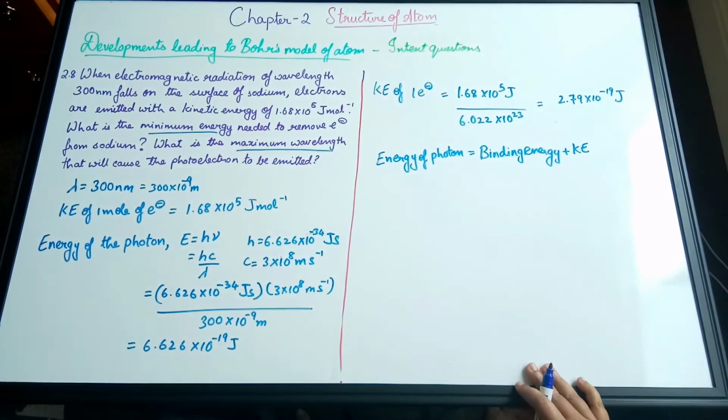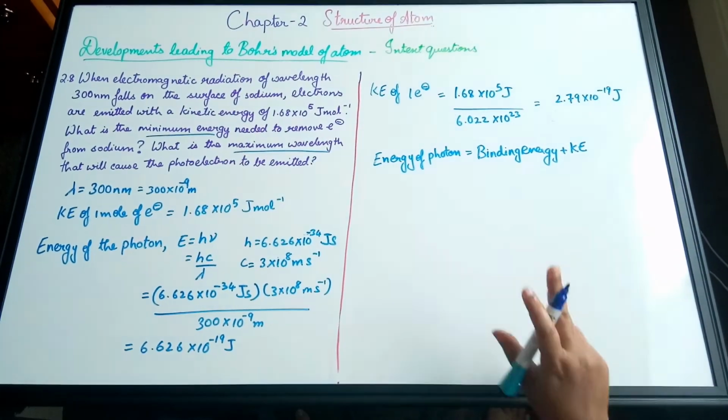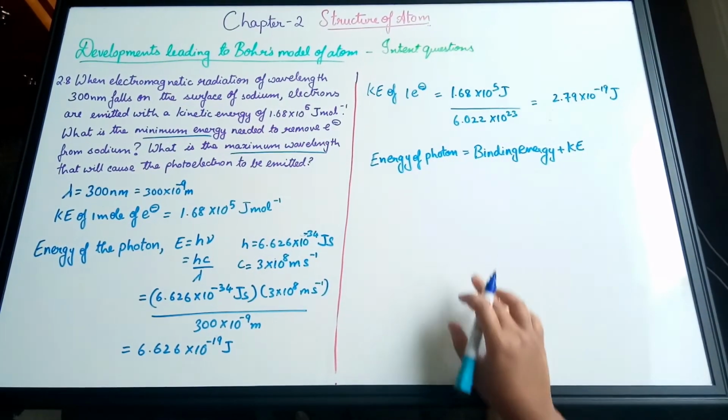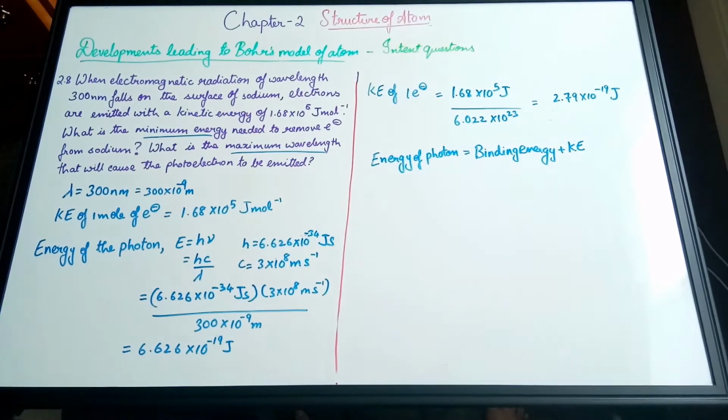So the photon's energy is getting used in two ways. First, it is used for removal of the electron, that is the minimum amount of energy that is required, and the remaining gets used up as kinetic energy.